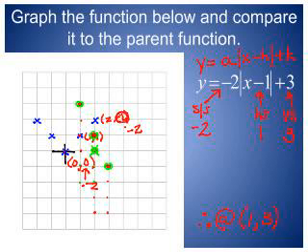Now I'm going to do the same thing, but I'm not going to write so much so it's not quite so messy. Okay, so this point is at -1, 1. So I'm going to take that -1 and I'm going to keep it the same. But I'm going to take the +1, the y value, and I'm going to multiply it times a -2.